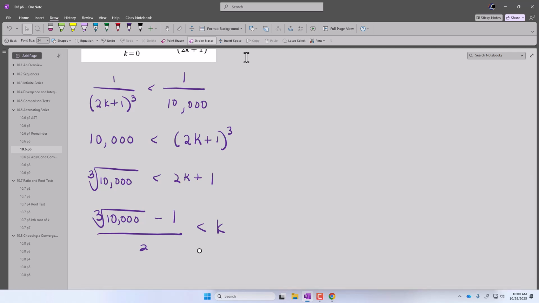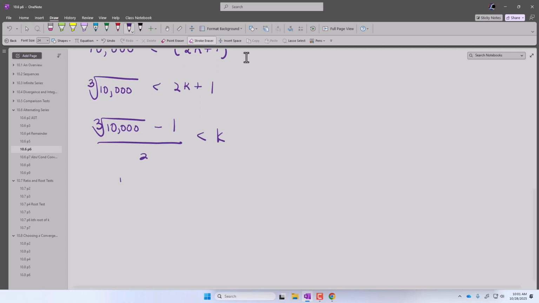It's not really rounding; we're choosing the first k value that's bigger than this. Rounding is not the most correct word, but the first k value that satisfies this is k equals 11.